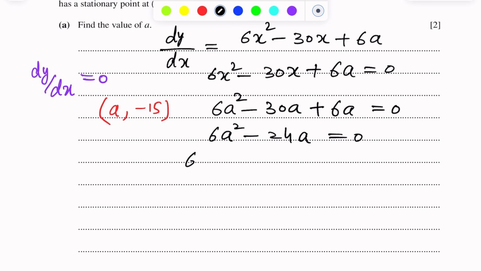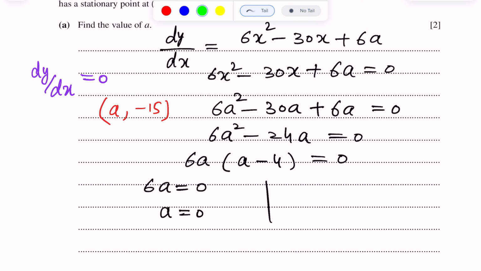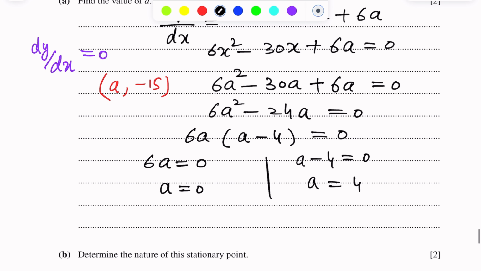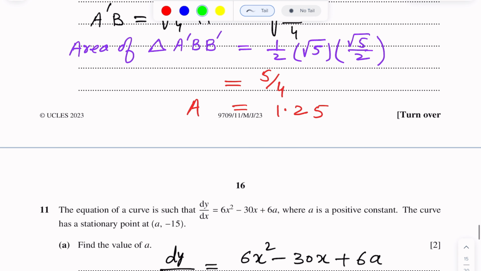Taking 6a as common, 6a into a minus 4 is equal to 0. This shows that either 6a is equal to 0, from here a is equal to 0, or a minus 4 is equal to 0, from here a is equal to 4. But which value we have to take depends upon the question statement.